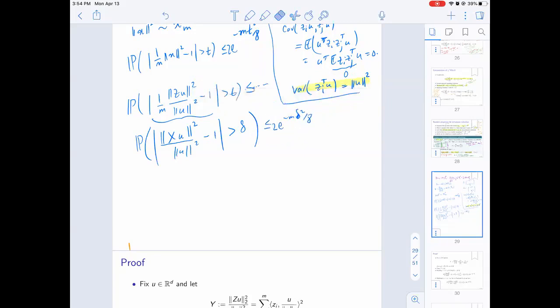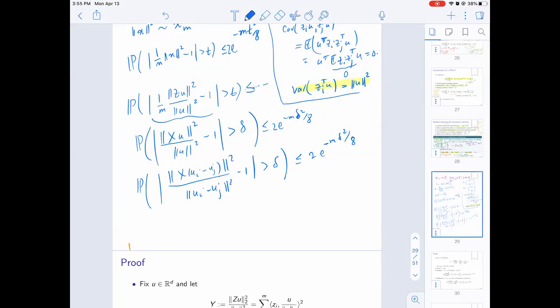And then what I have is I apply it to ui minus uj. And then I get uj squared minus 1 bigger than delta. This is less than the same thing.